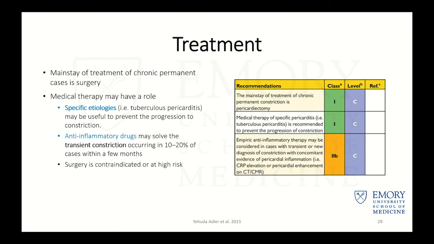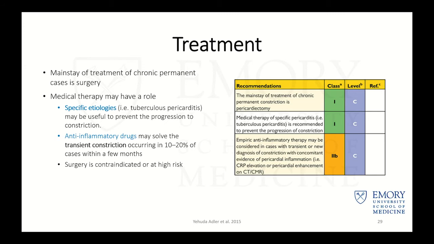Now, when we move to treatment of pericarditis, I'm not going to talk a lot about different treatment modalities for constriction. Now, we all know the main treatment is pericardiectomy, or getting rid of that layer of pericardium that causes the inability of the heart to distend. And in a lot of cases, it's a curative treatment.